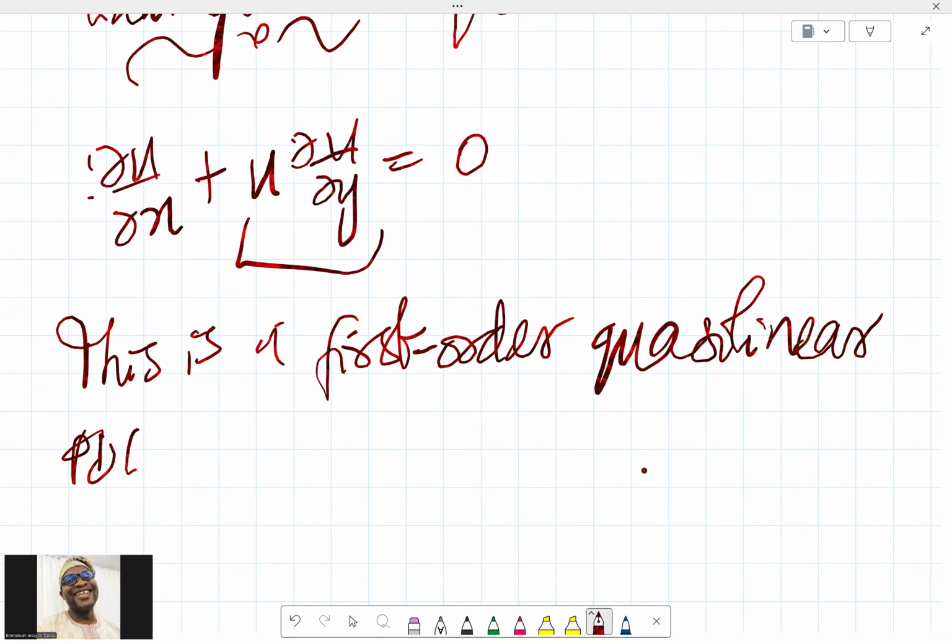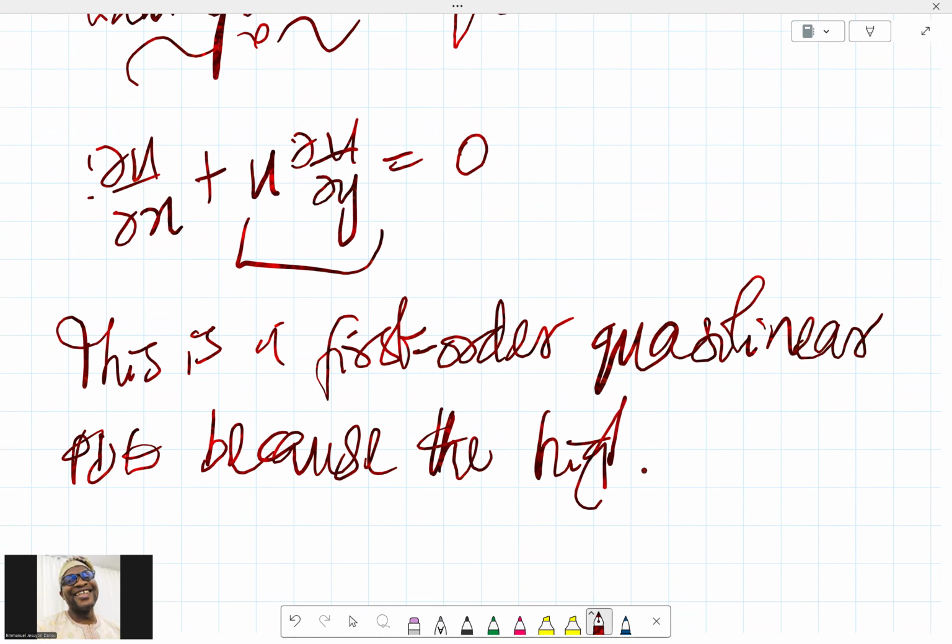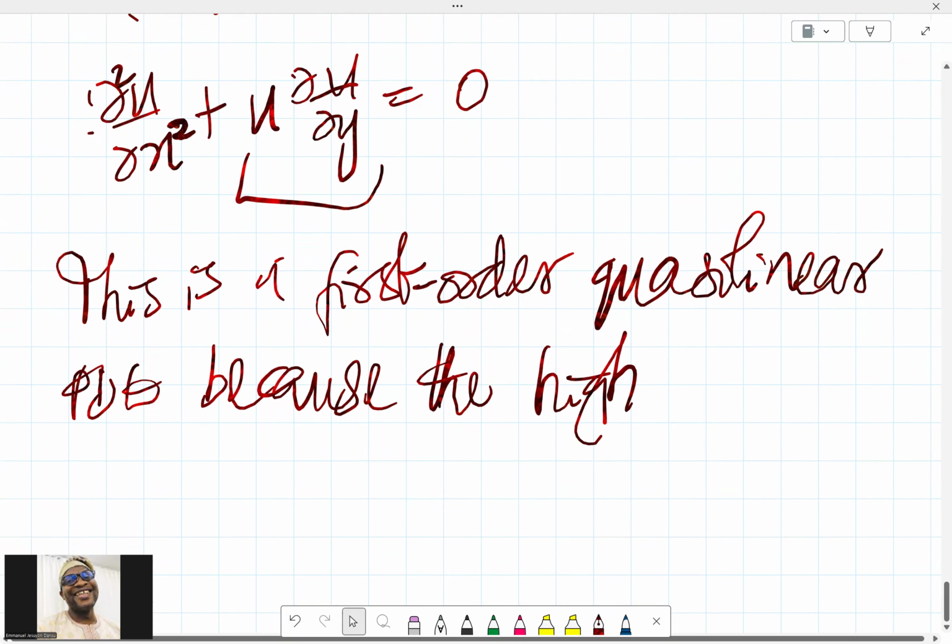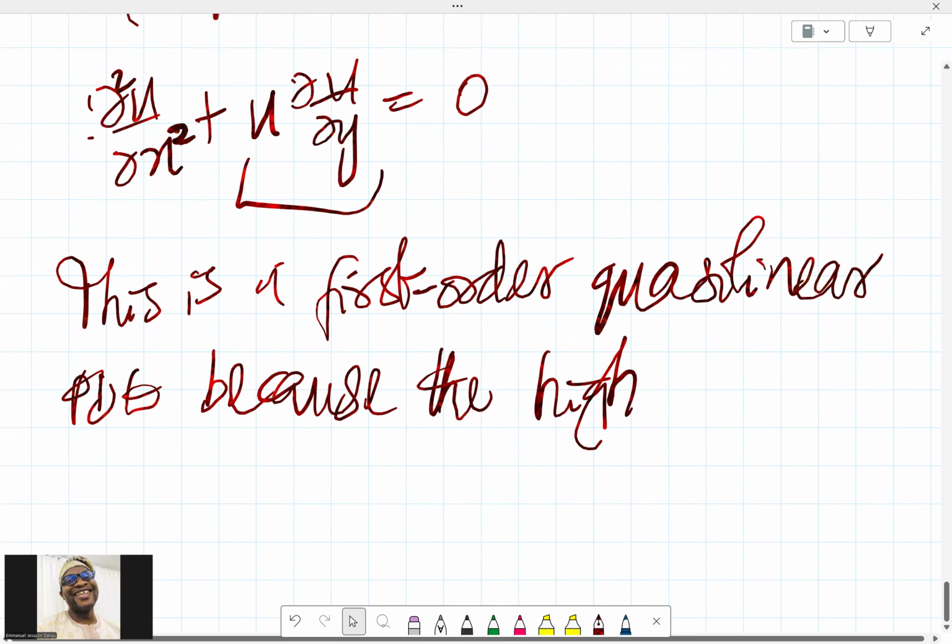I think it will make more sense if I have partial squared u, partial x squared, actually. This is better because partial u, partial x and partial u, partial y are of the same order. So this is more reliable as an example, even if the equation doesn't make sense in real terms, just to give an example.